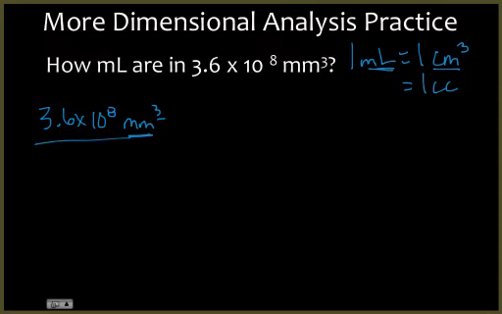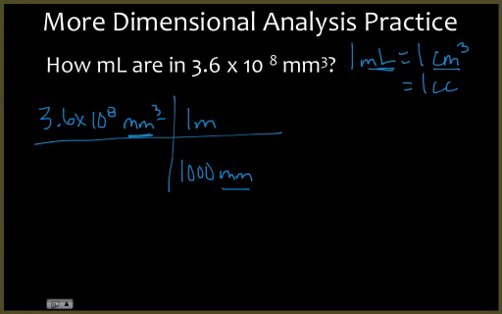So the first thing I'm going to do here is get rid of millimeters, and I can use the 1 meter is equal to 1,000 millimeters. Now if I left it this way and I didn't do anything to this unit down here, this millimeter would only cancel out one of these and I'd be left with millimeters squared. So if I want to get rid of the cubed, I have to cube this whole thing.